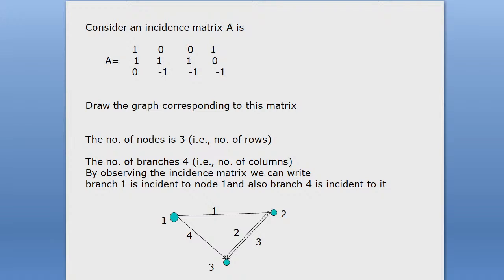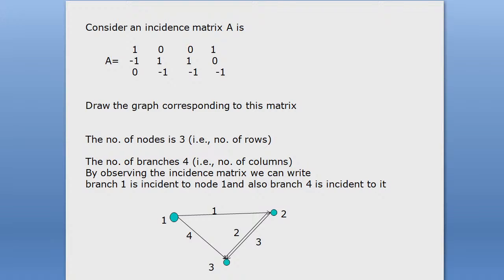Okay, now you tell me, do you have any doubt to understand this, to solve this problem? The steps involved to solve this problem, the solution part of this problem, are simple. You have already determined the incident matrix from a graph.